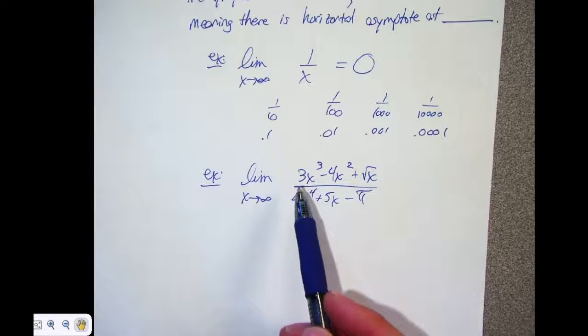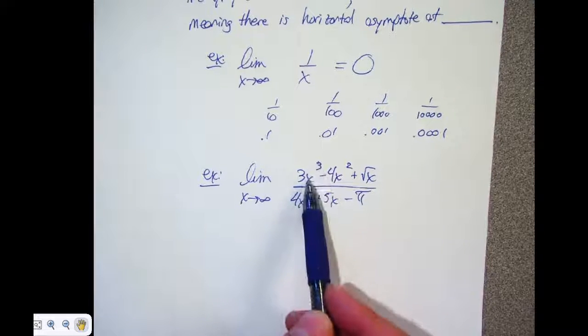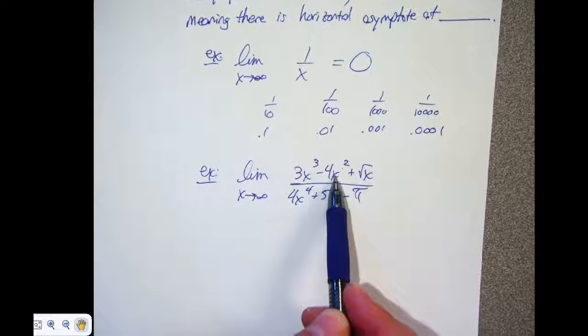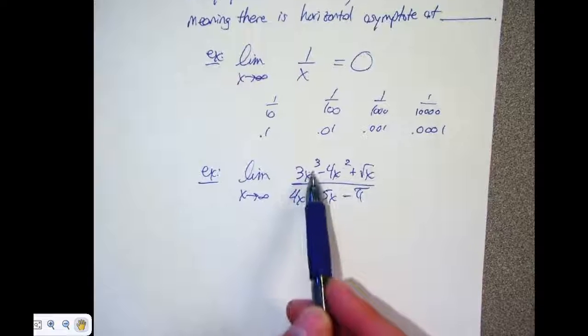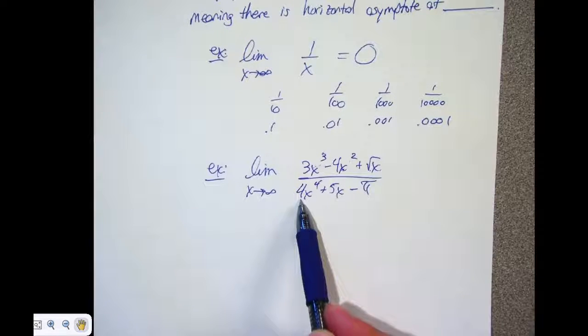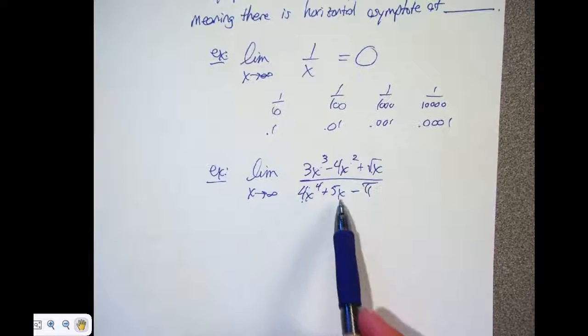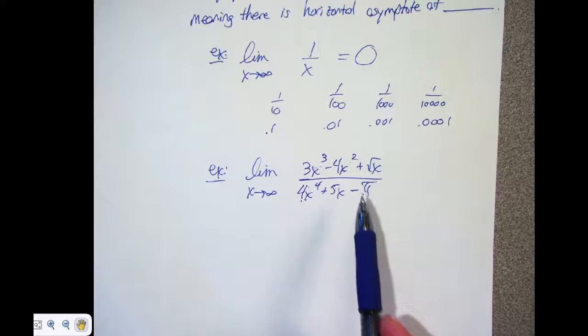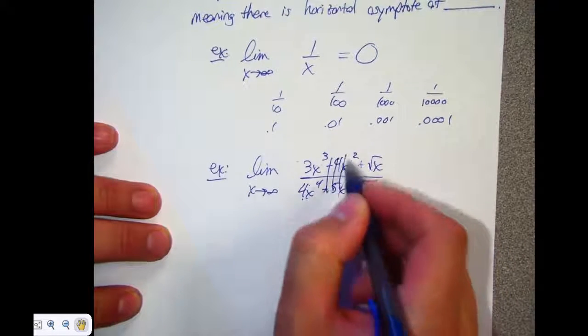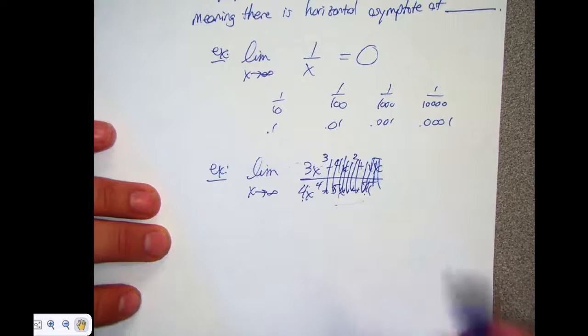So if I'm plugging in 10 trillion and I cube it, subtracting this other part doesn't even move the needle at that point. You're so big based on this power that doing this and this is irrelevant. If I take 10 trillion to the fourth power, subtracting pi is laughable at that point. It doesn't even matter. So when you get something like this, we're only looking at the highest power. So you can basically just ignore all the rest of that stuff.